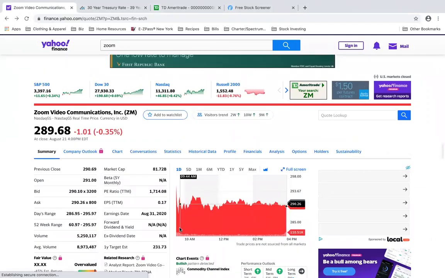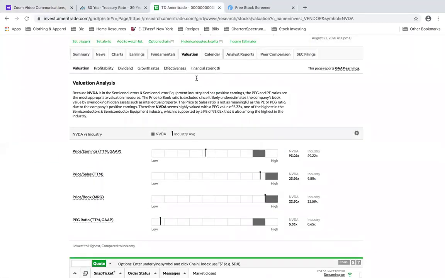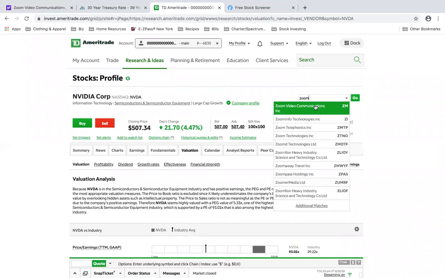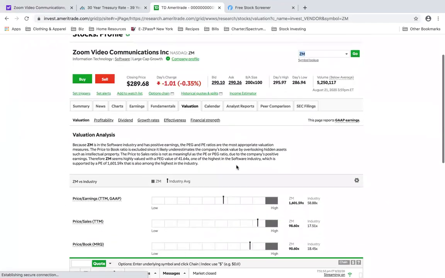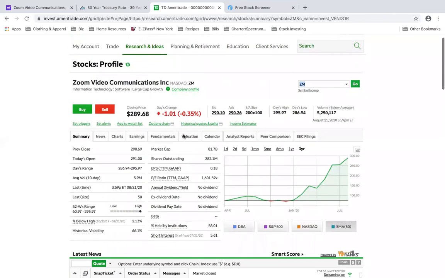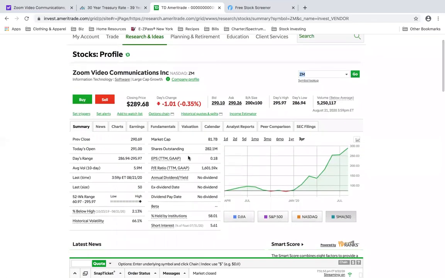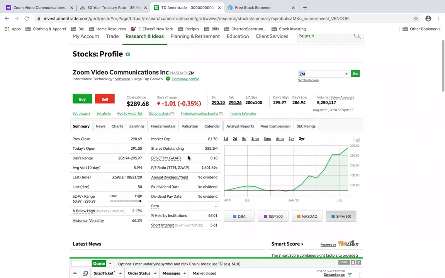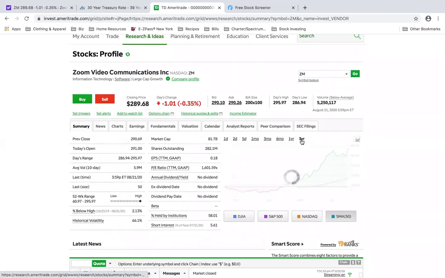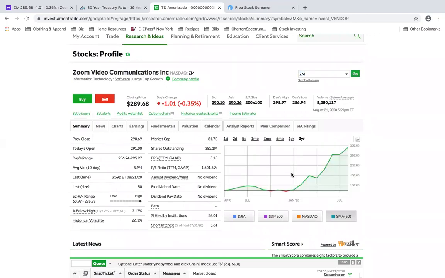Beta. It's not showing up over here. Yeah, it's not giving me beta. Isn't Zoom new? When was the IPO? I don't even remember when the IPO was.